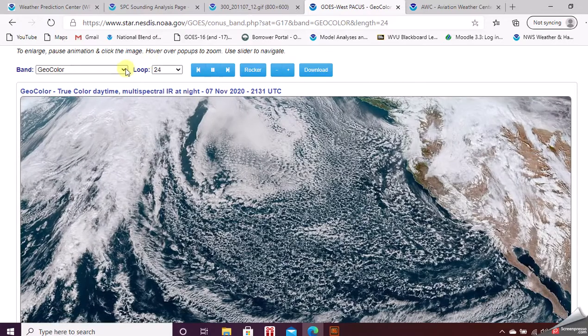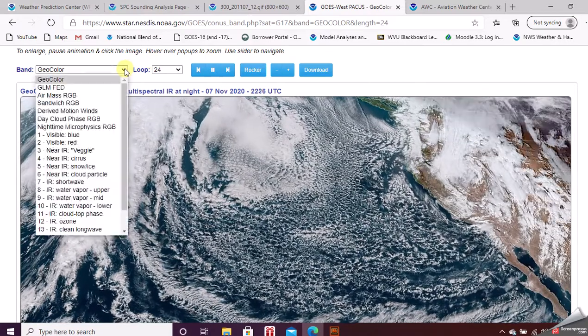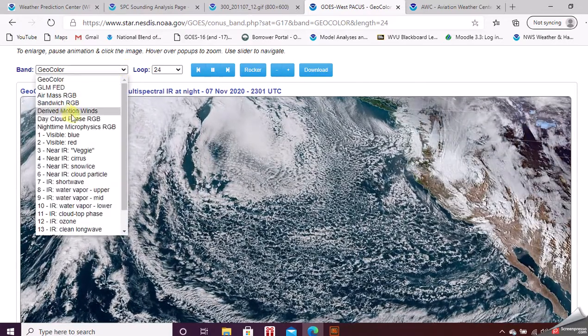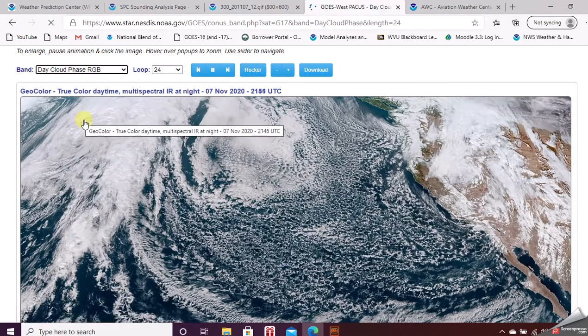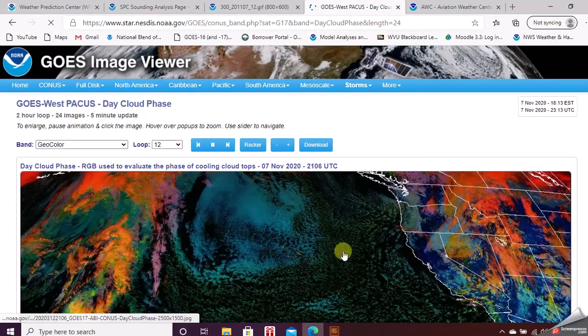So let's take a look at some other aspects of this. There is something called daytime cloud phase. What it literally tries to look at is where icing might be occurring in the clouds.